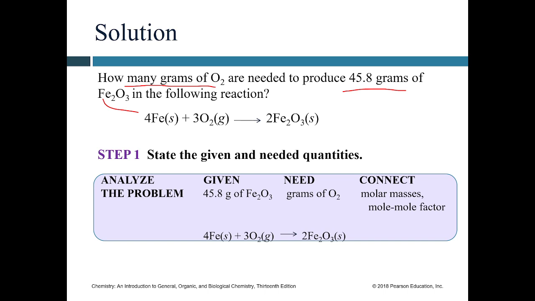Because these aren't multiples of grams numbers. These are multiples of moles numbers in this reaction. So to go from the Fe2O3 into the O2, I'm going to have to get into moles first. Then I'm going to have to use my mole ratio. Then I'm going to again have to go back to grams, aren't I? And that's my pathway. That's how I get there.